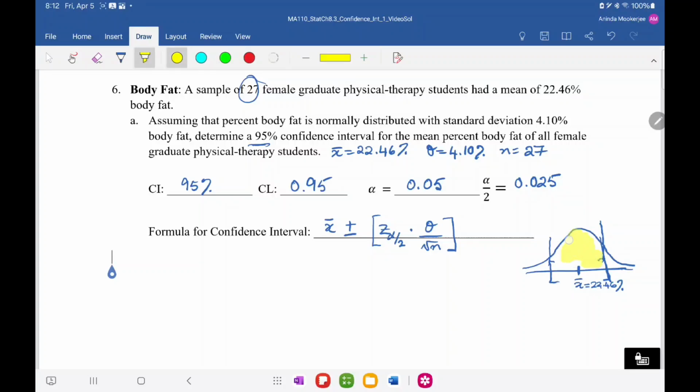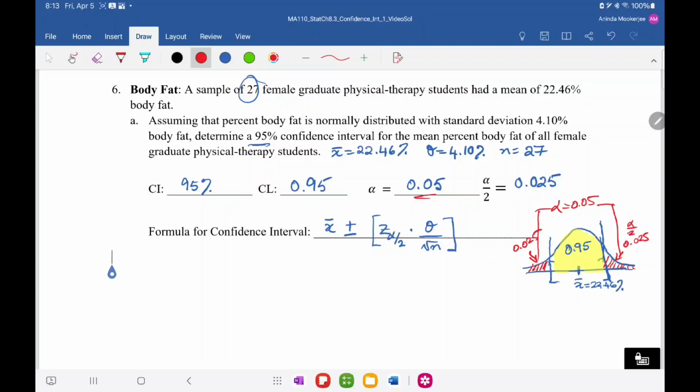But the area bounded by the endpoints of our interval is 0.95. The unbounded area on either side of the curve is, together, alpha, which is 0.05, but each end has an area of 0.025, that's alpha by 2.